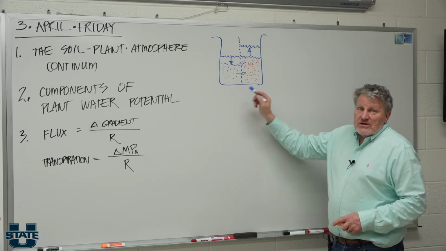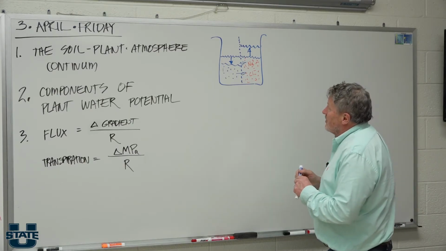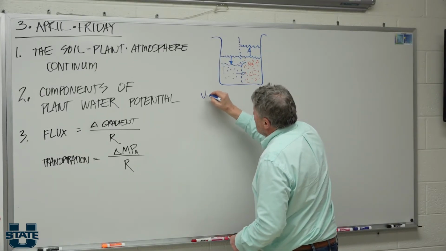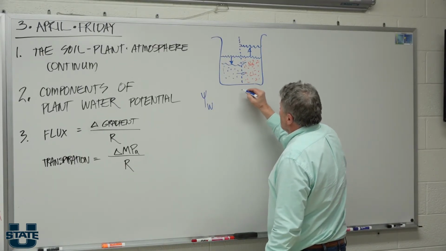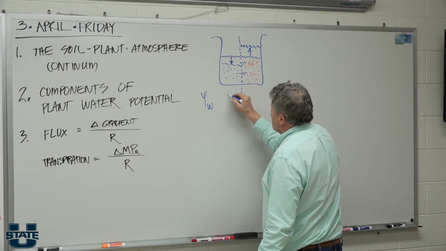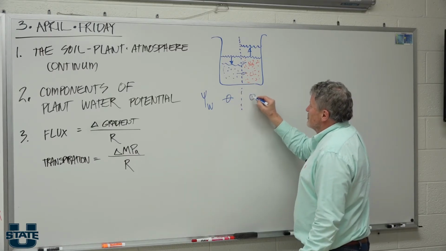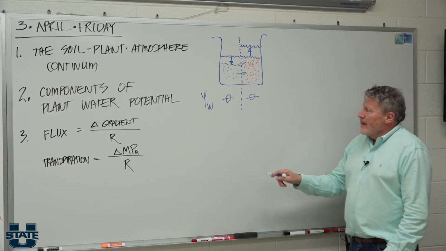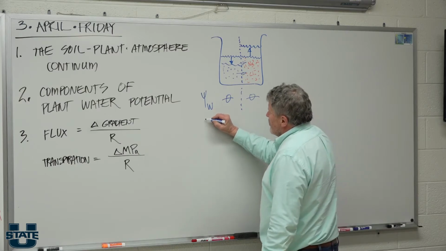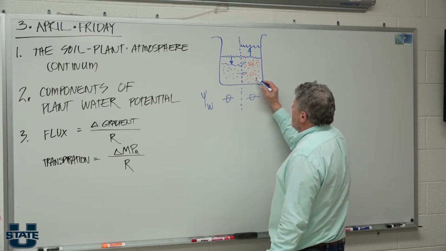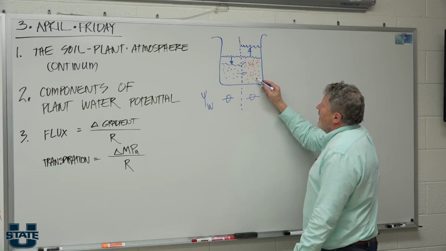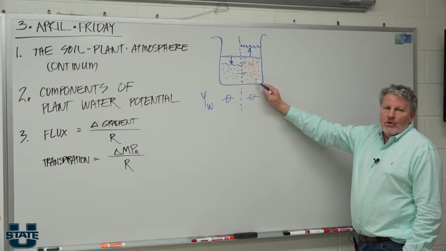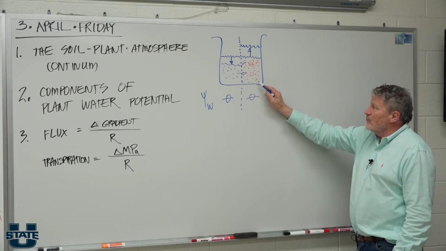So this concept leads to the components of water potential, and right here, psi W, this is 0, and this is 0. This is before we put any salt in this. Now we go to putting salt here, and the water moves, but we've got to have a component of water potential that draws it over.